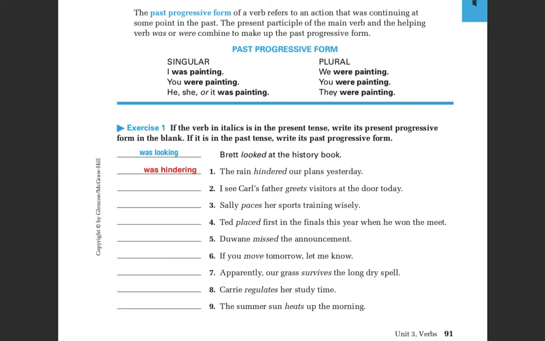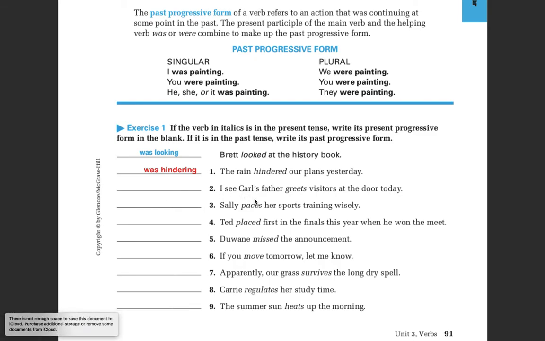Number two, I'm going to do it also because, as you can see here, greets is in the present. Let me read the sentence first. I see Carl's father greets visitors at the door today. Greets here is in the present form. I need to put it in the present progressive. I remind you, present progressive is when I need to use verb to be in the present. So am, is, are, okay, and the verb takes ing. So first of all, we need to decide whether I need to use am, is, or are.